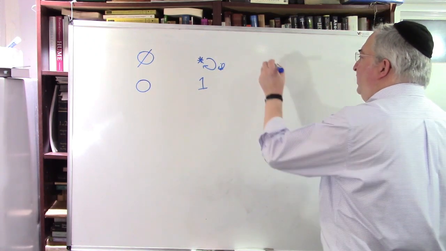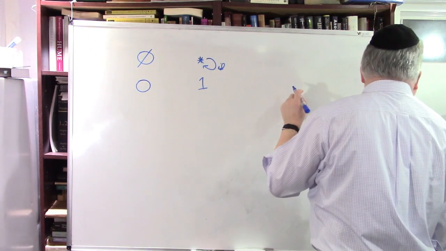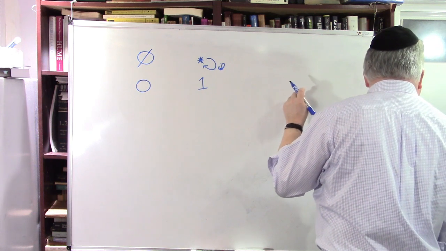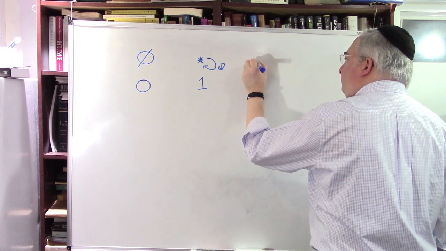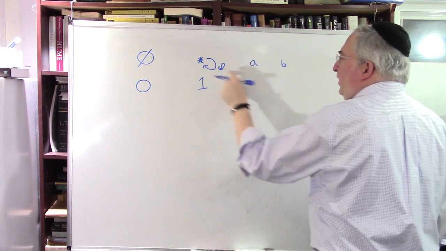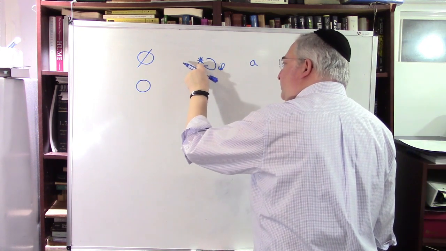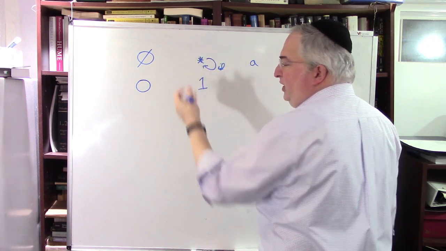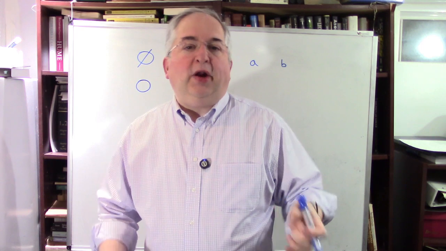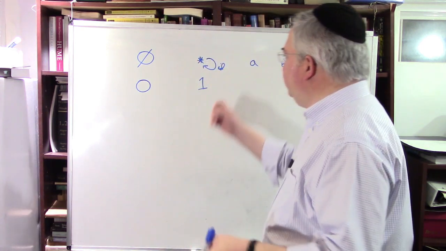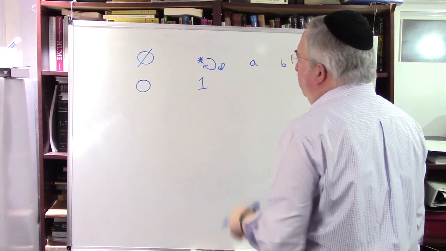Okay, here's another category. By the way, the fact that I call this 1 is a star, I could have called it A. Just like a one-object set, there are many one-object sets, so too there are many one-object categories. Okay, so this is a one-object category with one morphism.